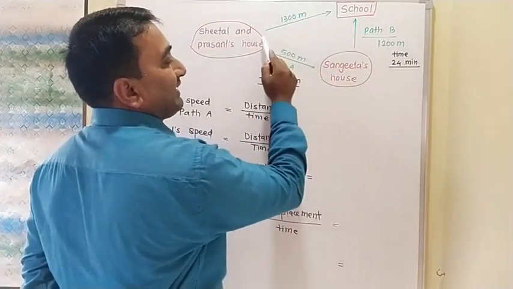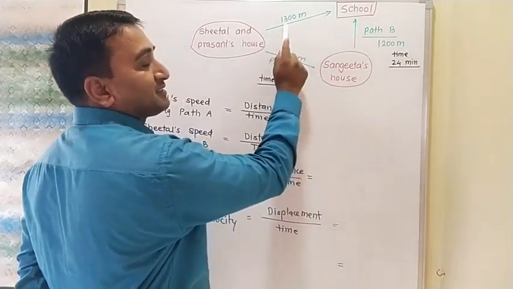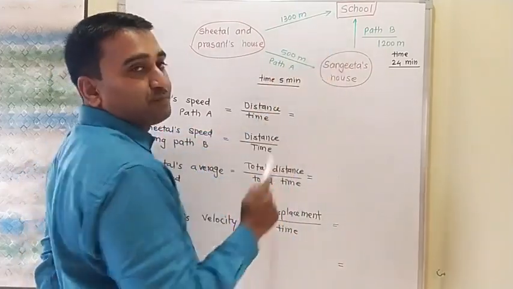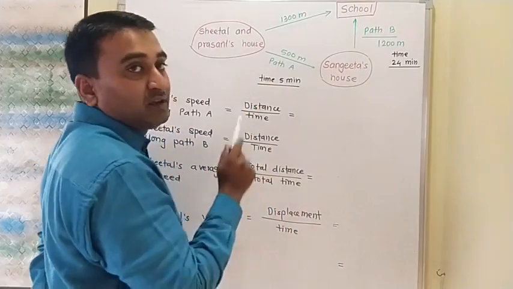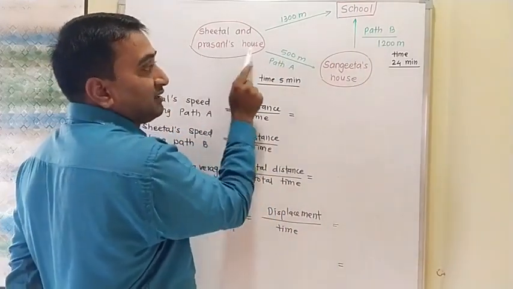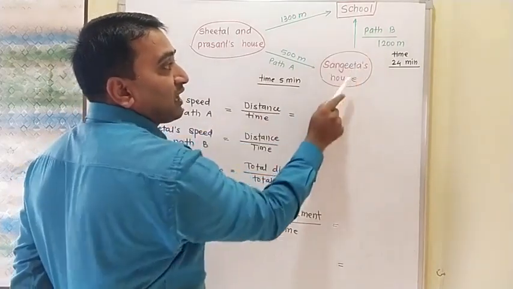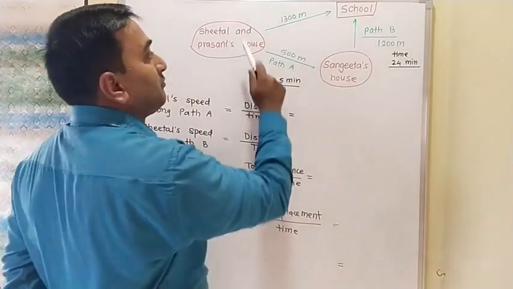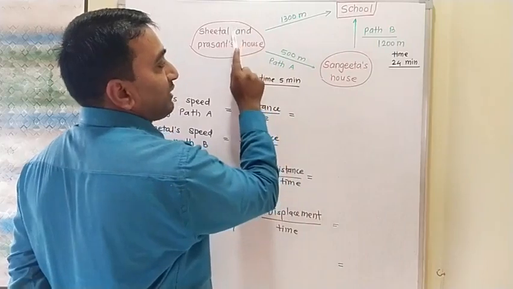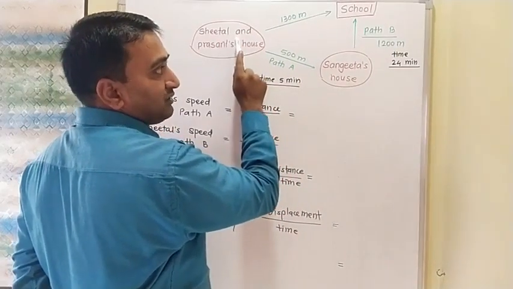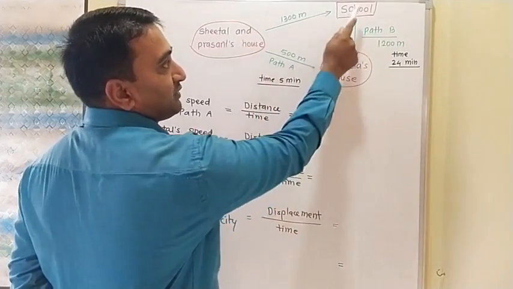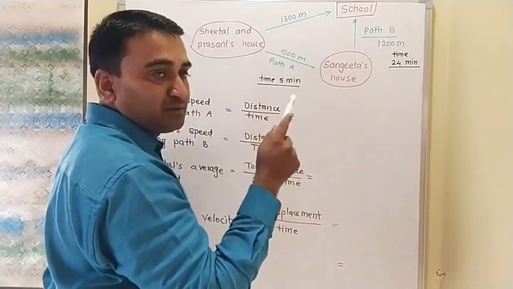As it is a straight line, the displacement and the distance for Prashant are the same. But for Sheetal, distance covered is 1700 meters. But here, this one is the initial position, and this one is the final position.